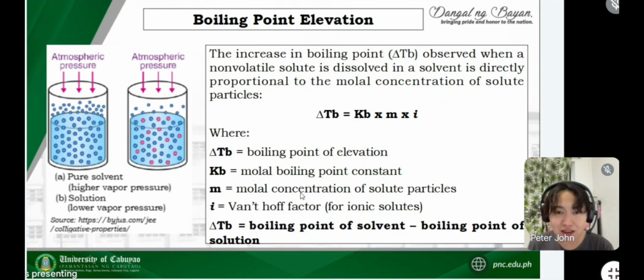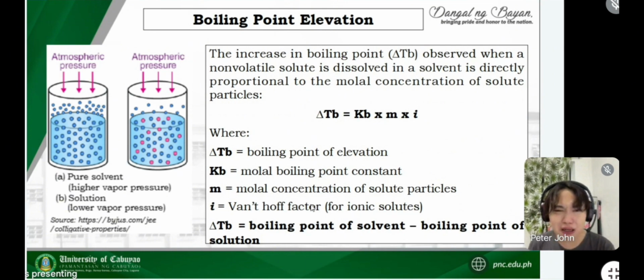Hindi siya given. So, kailangan natin i-analyze mabuti kung saan si solute. So, ibig sabihin, pag hindi in molal yung unit niya, all we need to do is convert it into molal before we utilize this formula. And we have the term i, which stands for the Van't Hoff factor for ionic solute.